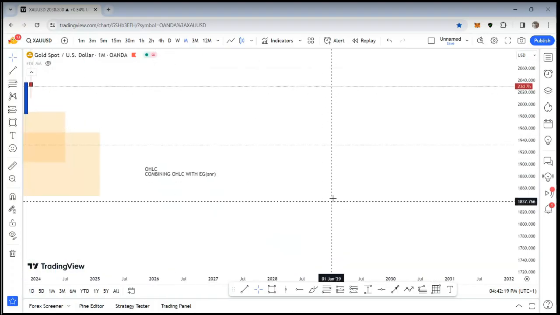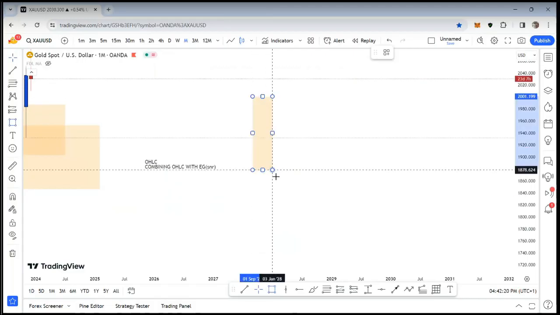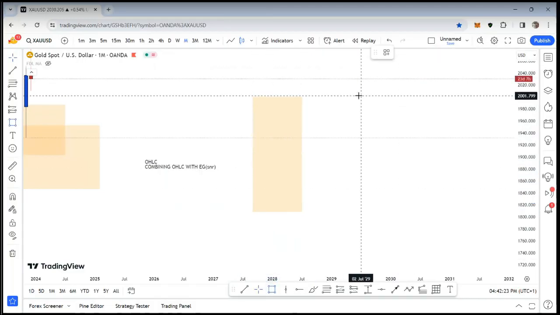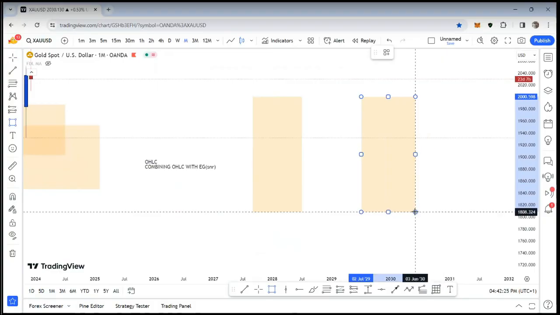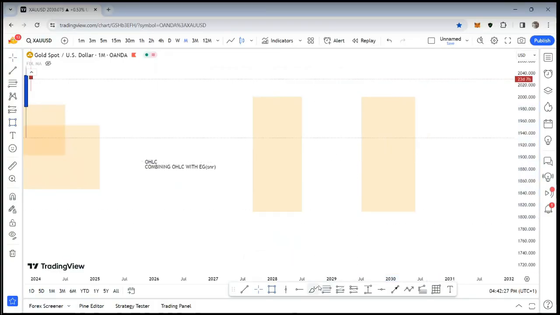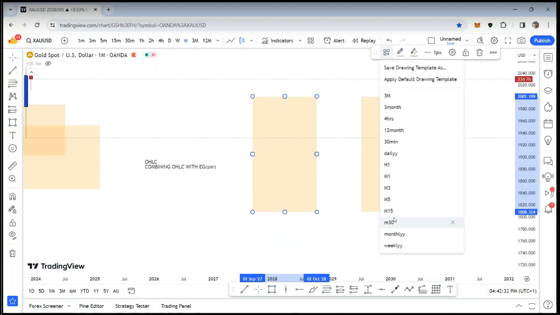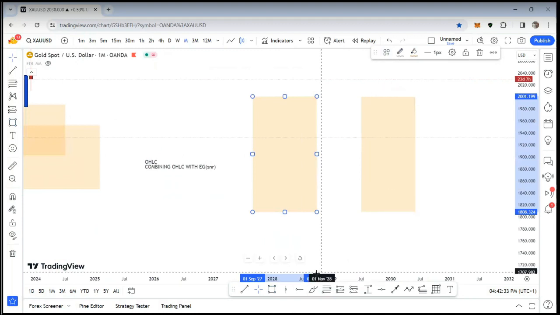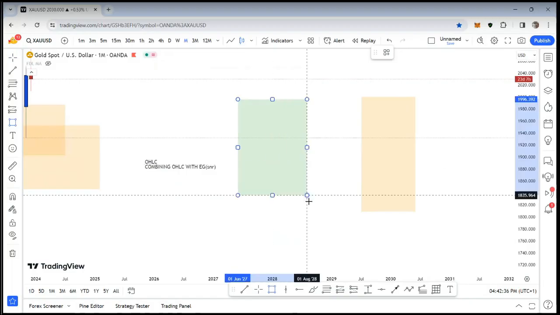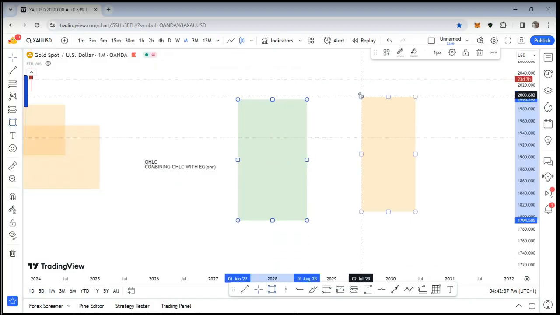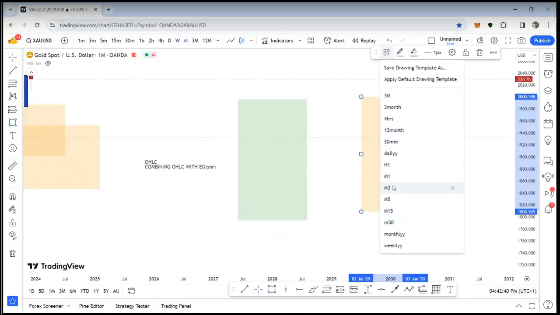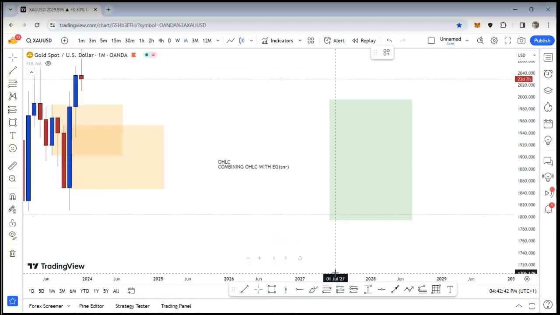Now, let's say this is 4 hours. This is a buy candle, green. And let's quickly change this to a sell candle.